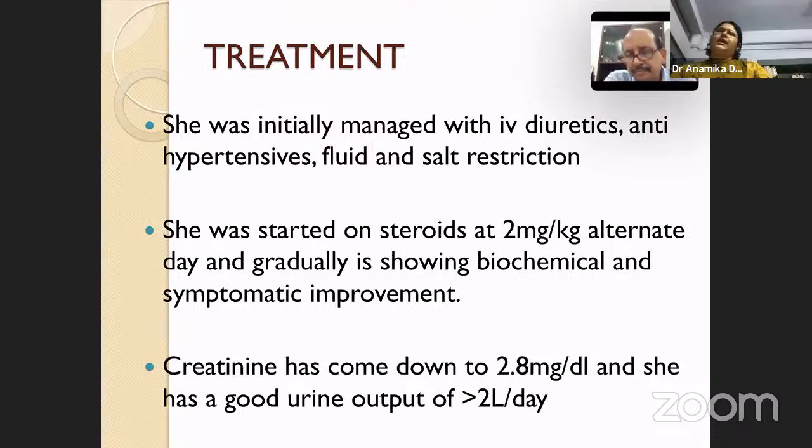Yes, sir. Actually, most of the studies have shown that there is not much difference between giving steroids and not giving steroids. The ultimate renal outcome is more or less the same. However, if I have to choose a patient who comes with crescentic GN in the form of IRGN, I would prefer to give steroids to such a patient.